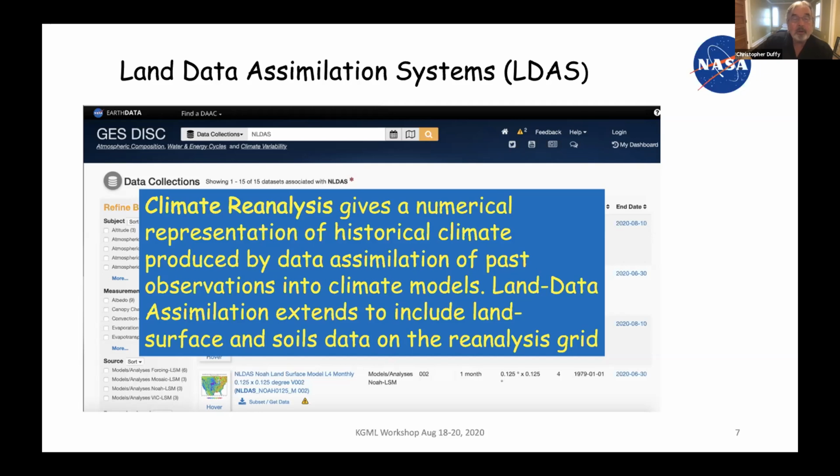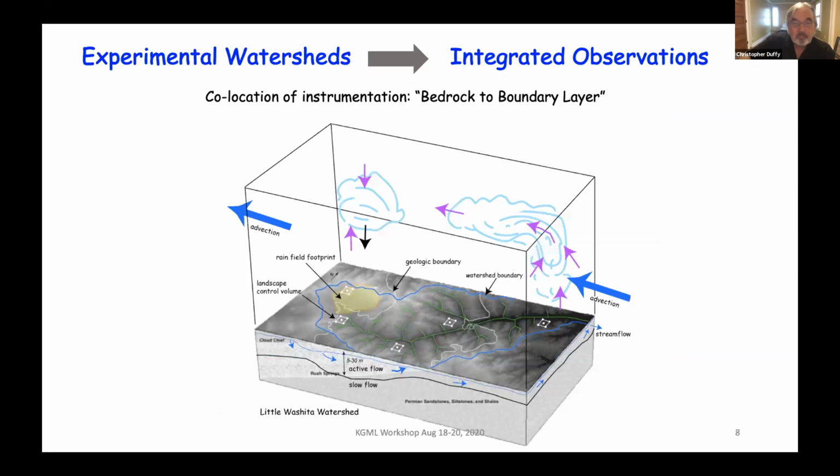So it is a composite of not just numerical models, but all the collected data. What it's missing, in a way, is watershed and river basin data. And the other point I want to focus on in this talk is the role of experimental watersheds in making the connection. And that is co-location of instrumentation.